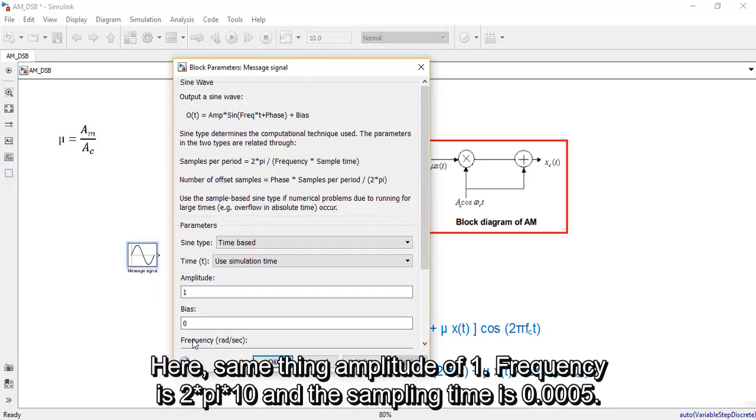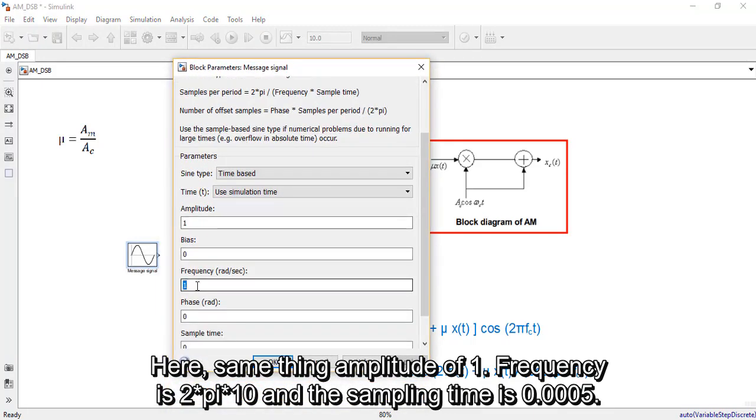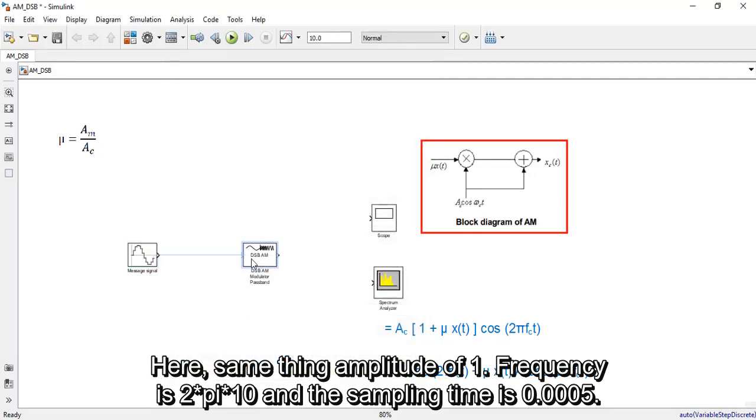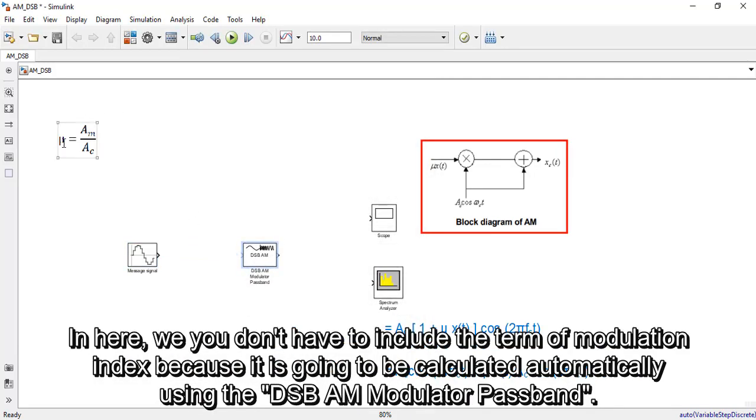This is going to be our message signal. Here, same thing, amplitude of 1, frequency of omega of 2 pi, and the frequency is 10, and the sampling time is 0.0005. In here you don't have to include the term of modulation index, because it is going to be calculated automatically using the DSB AM modulator passband.